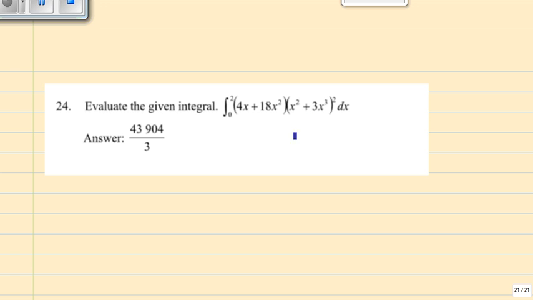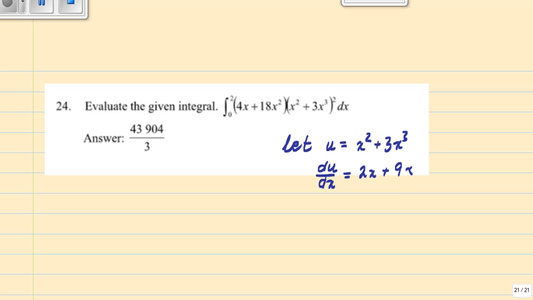So if we let u equal to x squared plus 3x cubed, then du dx is equal to 2x plus 9x squared.